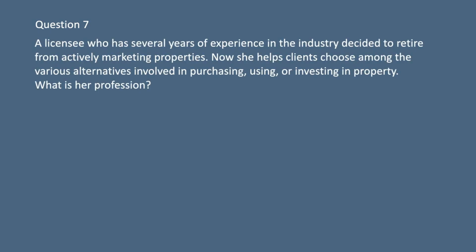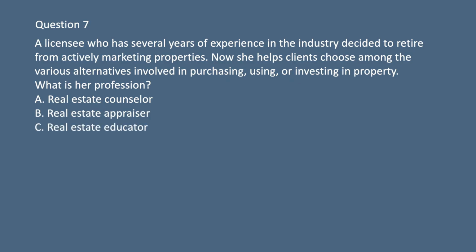Question 7. A licensee who has several years of experience in the industry decided to retire from actively marketing properties. Now she helps clients choose among the various alternatives involved in purchasing, using, or investing in property. What is her profession? A. Real estate counselor. B. Real estate appraiser.